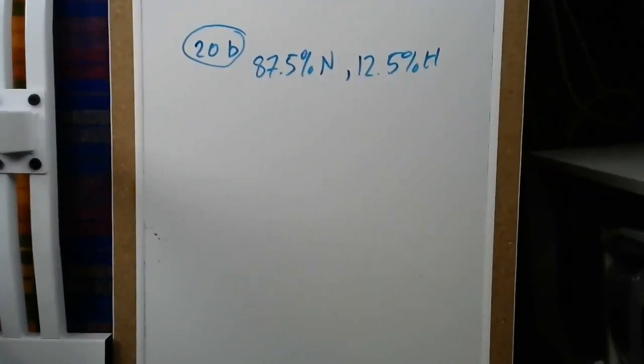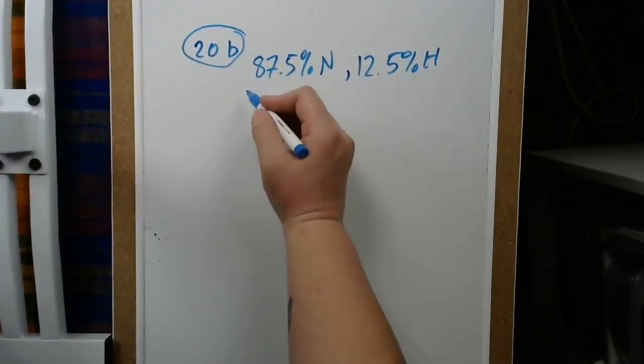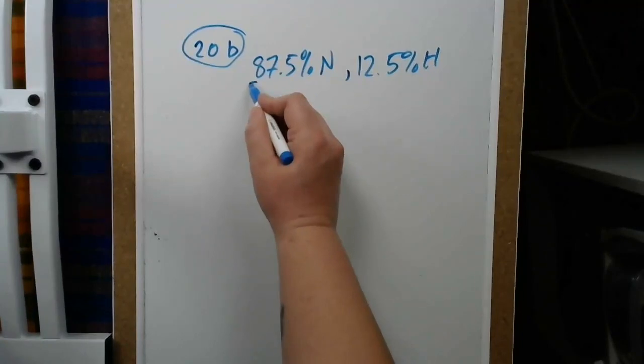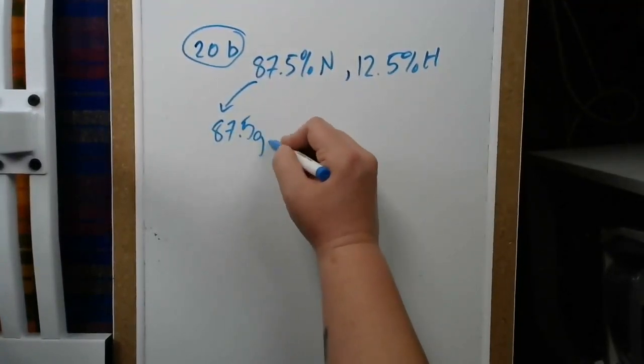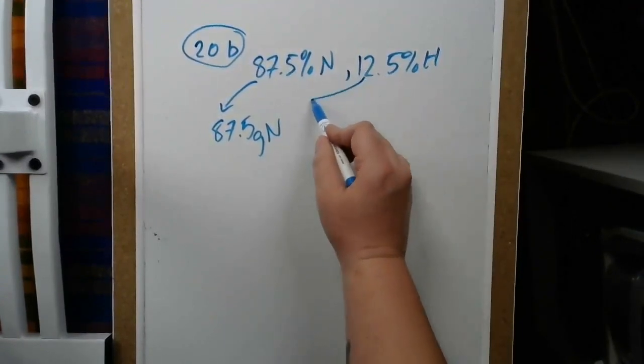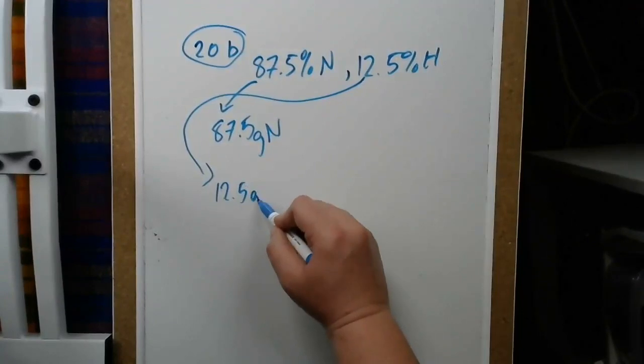All right, so we know that when we're looking at things that are percent by mass values, we're going to basically turn our percent value into a mass value. So instead of 87.5%, we'll look at that as 87.5 grams of nitrogen. And we'll look at this as 12.5 grams of hydrogen.